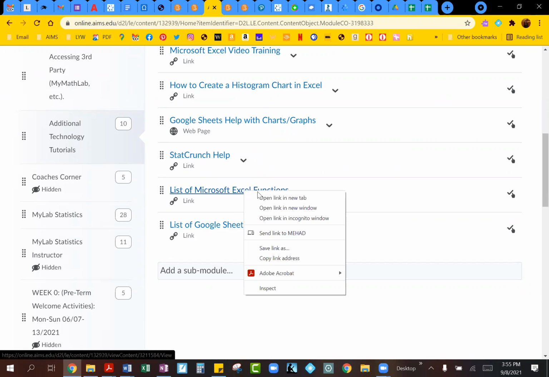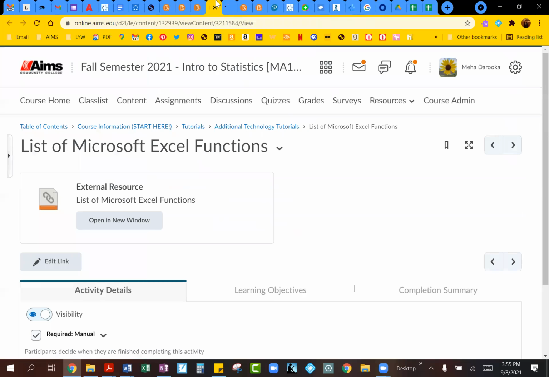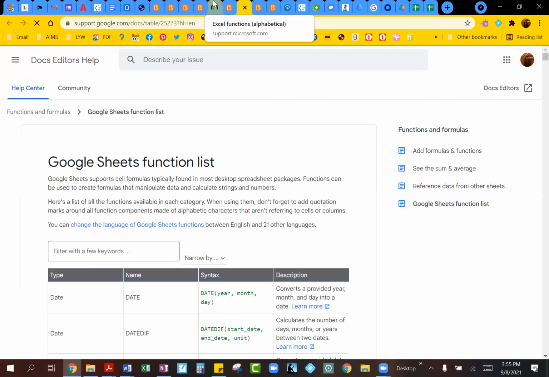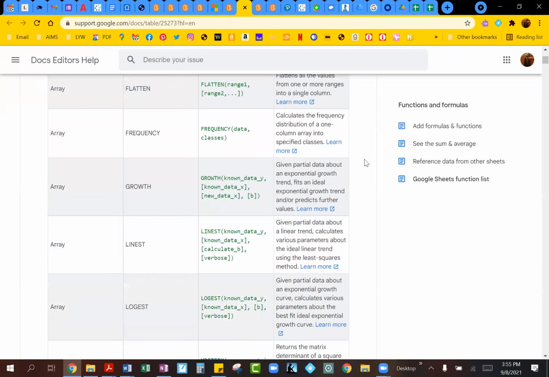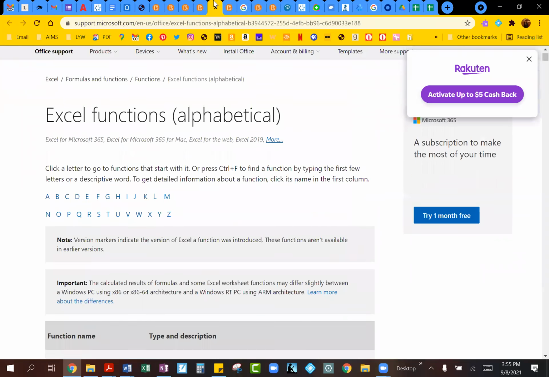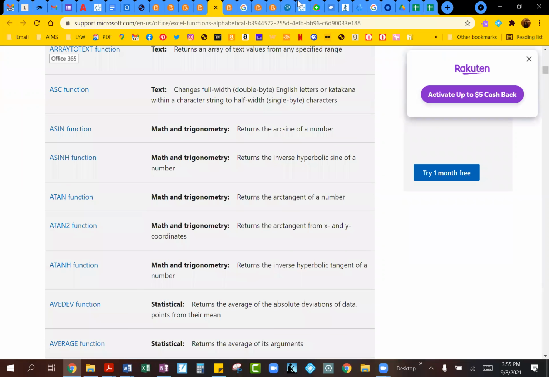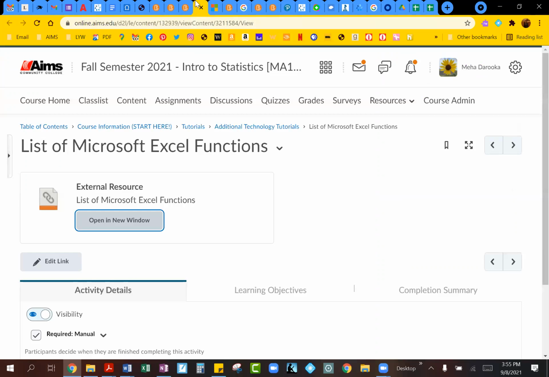They just show you what the different functions are. So if you wanted to look around and see what the list of functions for Google and Excel is going to look like, I have included that over here. So it gives you all the different functions that are available to you in Google Sheets and in Excel. So you can try looking around some of this stuff to help you out. But all of this is available under course information and then under additional technology tutorials.